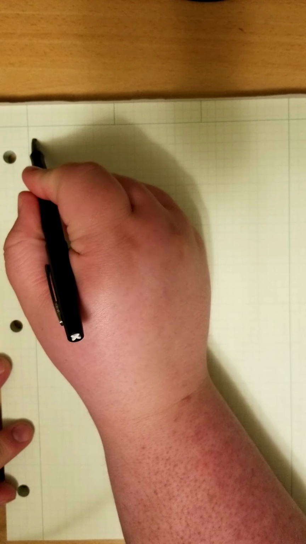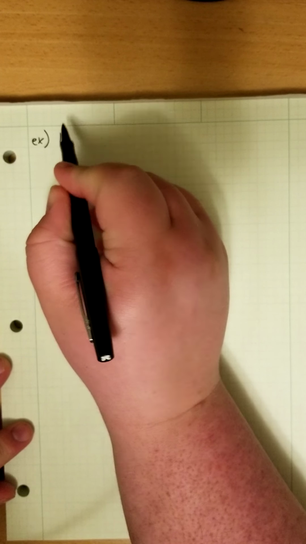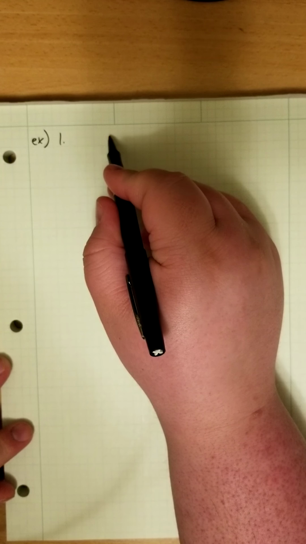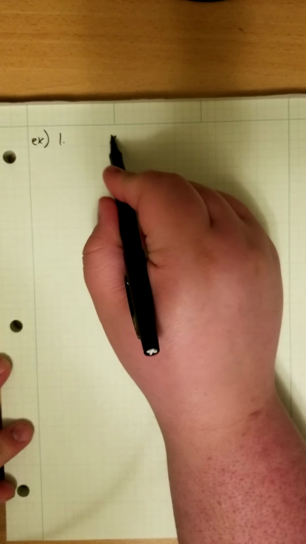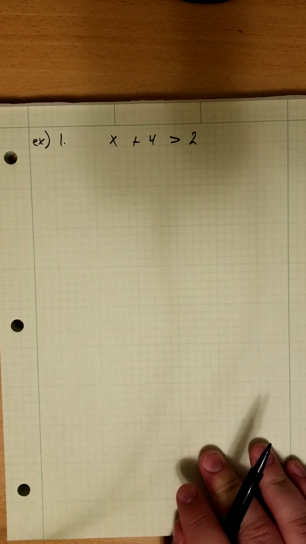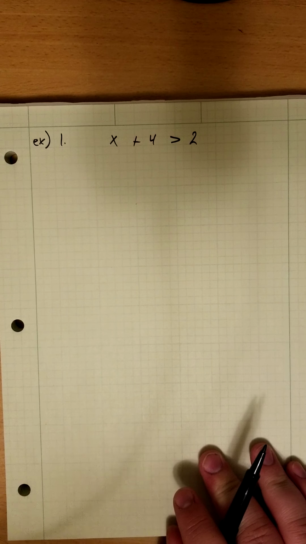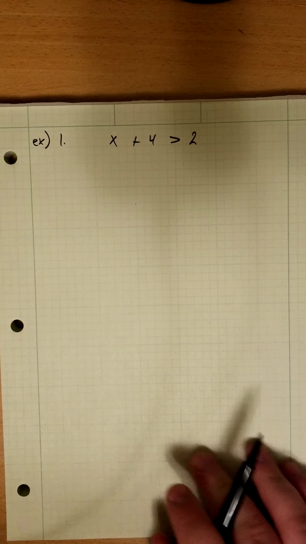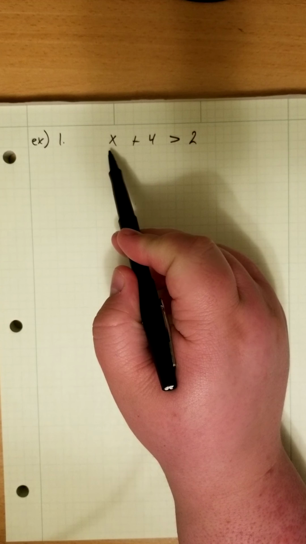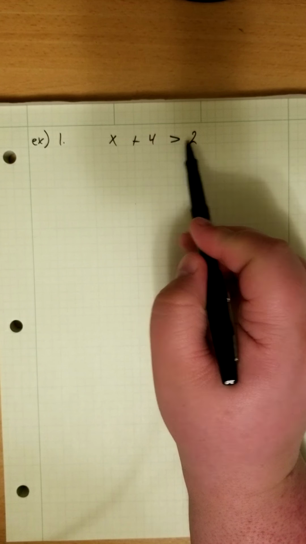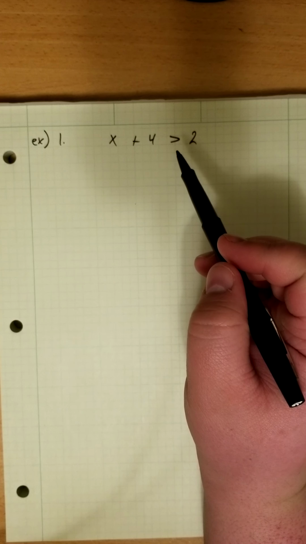All right, example 1. We have x plus 4 is greater than 2. So we have some number x that when we add 4 to it is strictly greater than 2?